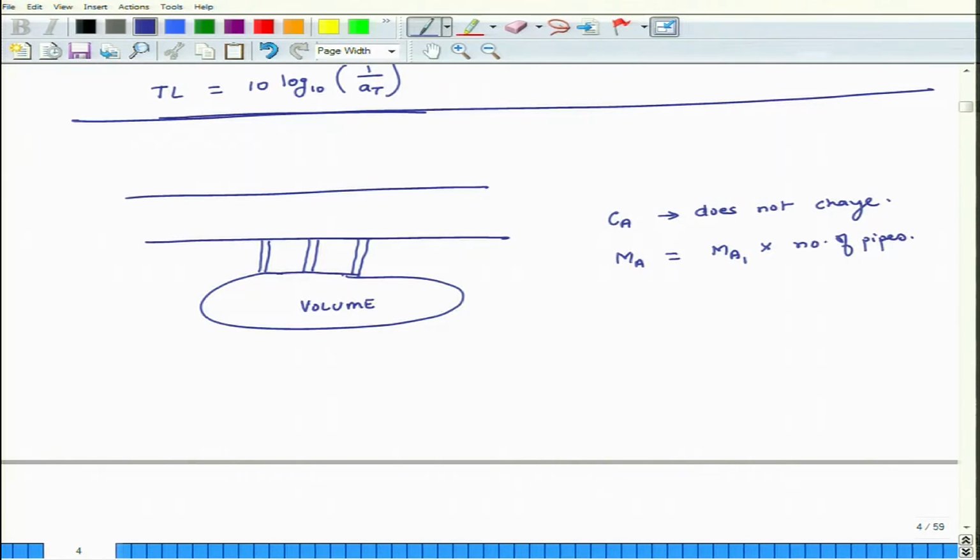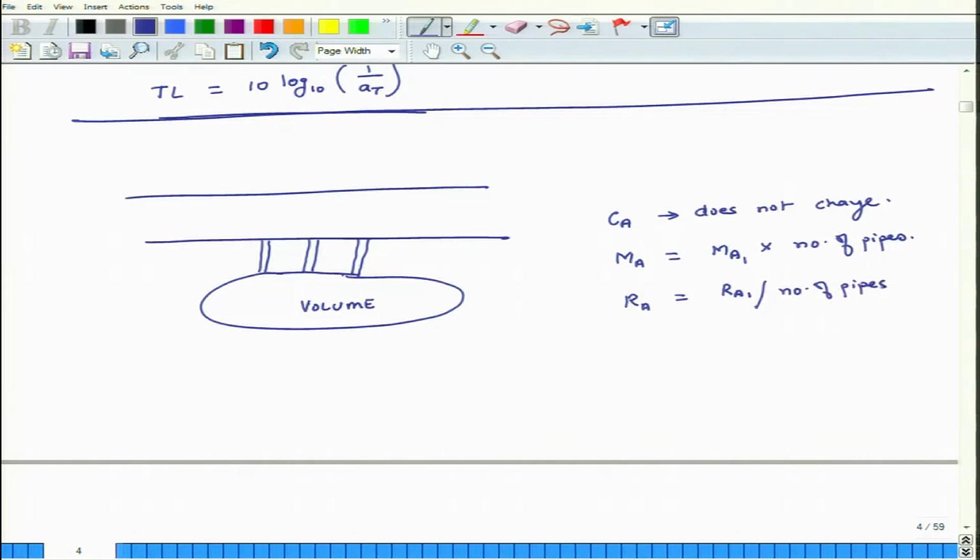So, acoustic mass goes up, and finally, acoustic resistance R A. I will not go into the mathematical details of this, but the total acoustic resistance is equal to the acoustic resistance of one pipe divided by the number of pipes.